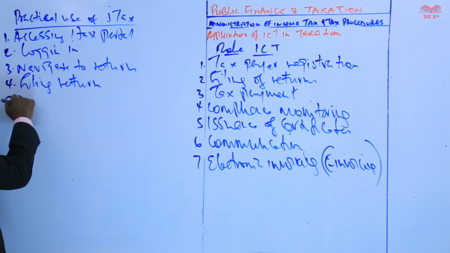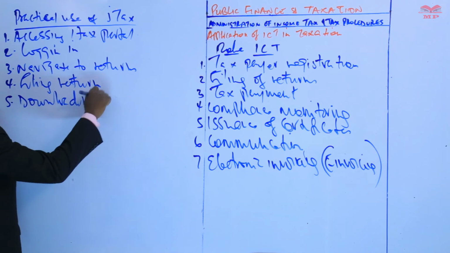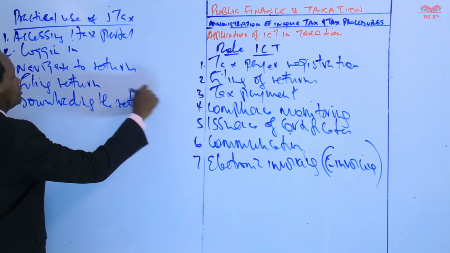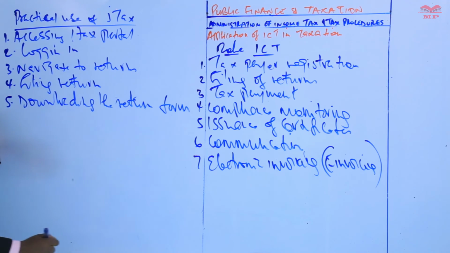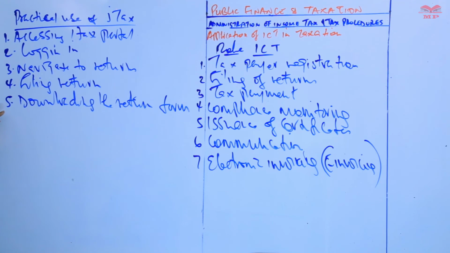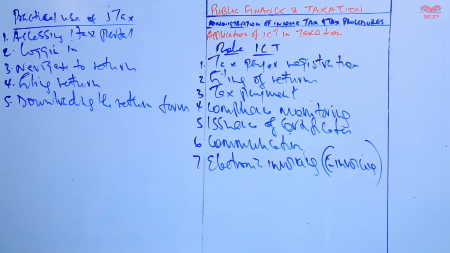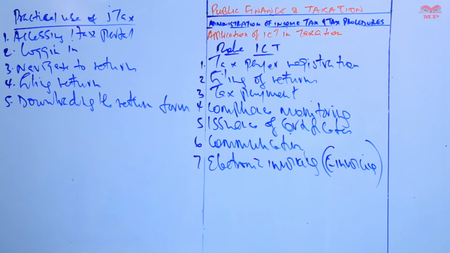5, downloading the return form or the template. For some returns like the income tax returns or VAT returns, you may need to download a pre-filled or blank Excel offline from the portal. Then number 6 is filing the return, and that filing can be offline or online.